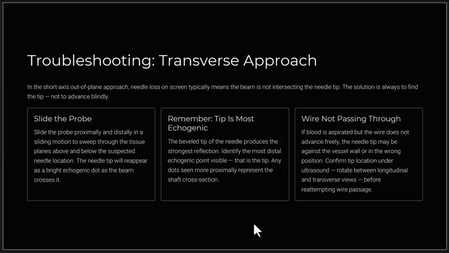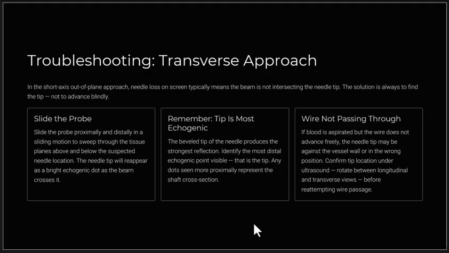What if you're in a transverse short axis out of plane approach and you lose your needle tip? Well, remember, we don't want to continue to advance that needle tip blindly. So think about sliding the probe towards you or away from you, using maybe even a little bit of a fanning motion in addition to the sliding motion to help you find that needle tip in that soft tissue.